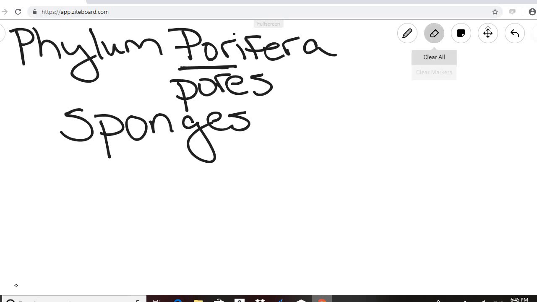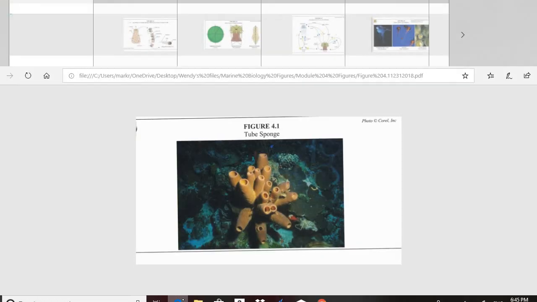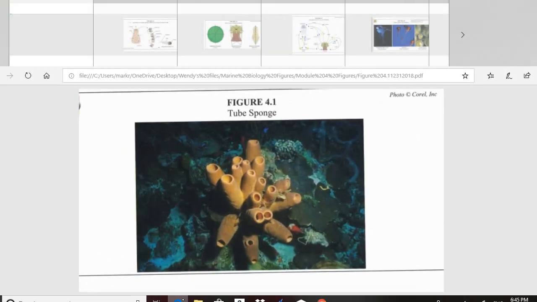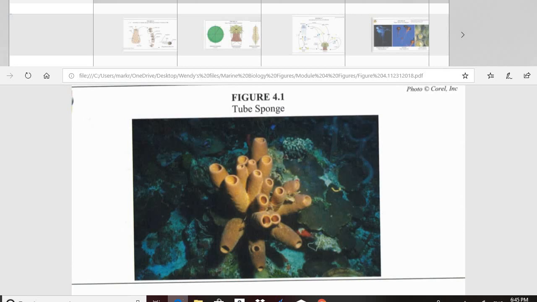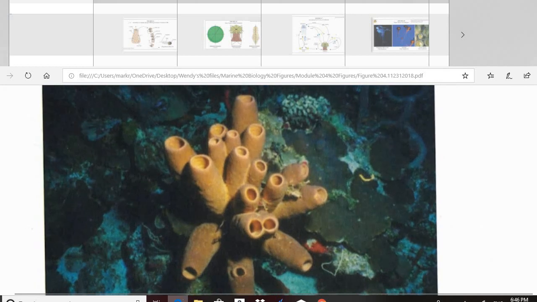So let's take a look at some pictures of sponges. So this is a tube sponge. There are all kinds of different sponges. Some are large, some are small, some are hard and some are soft, so there's a wide variety, but this is one example of a sponge that is called a pore sponge.